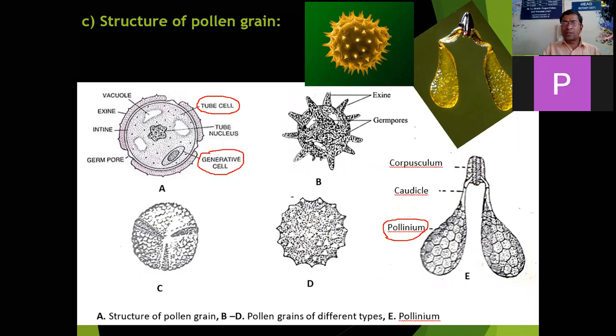So here you can see this is the actual pollinium, a single sac. Then this is the caudicle, and this corpusculum is a sticky part, which attaches to the body of the insect during pollination.